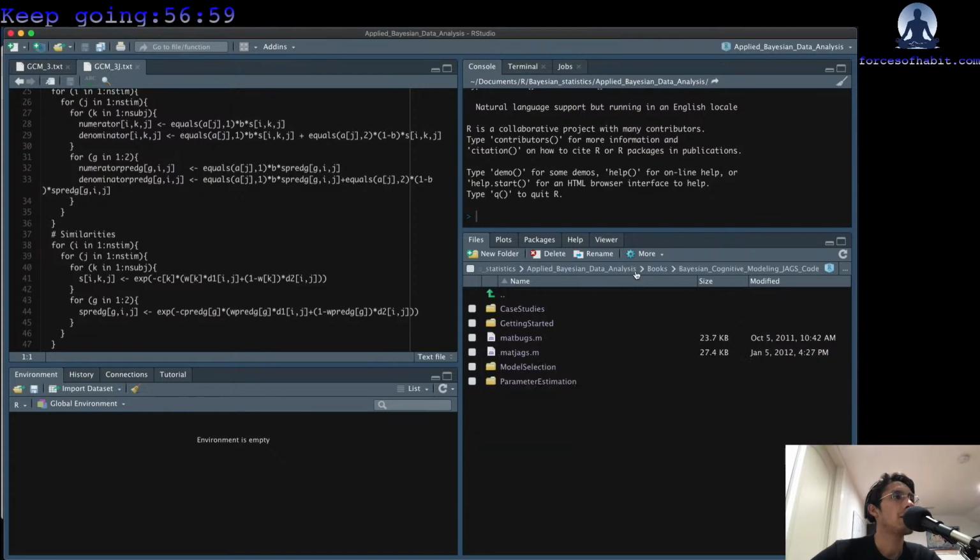Yeah, it doesn't seem like there's a model here in the applied Bayesian analysis code that you download from the website.